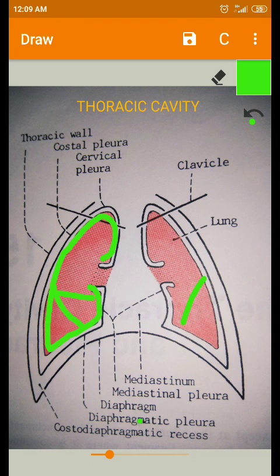Okay, so inside these fissures also, this visceral layer has a covering over these areas, except at the hilum and along the attachment of the pulmonary ligament, because there it is continuous with the parietal pleura.